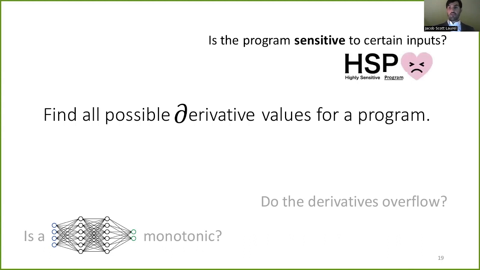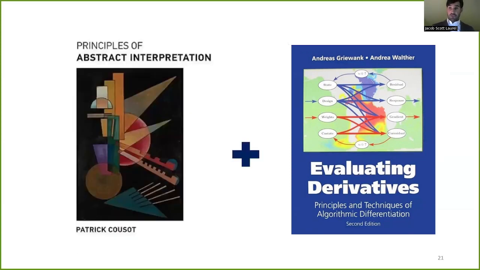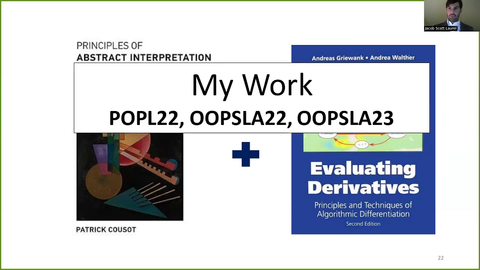This formulation also allows us to ask how sensitive a function is to different inputs. Now, these derivatives that we're going to analyze are computed with automatic differentiation, and we're going to analyze them with abstract interpretation. And thus, these two form the combination that underlies my work.